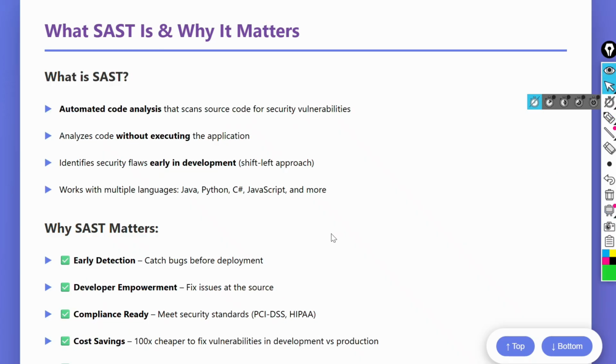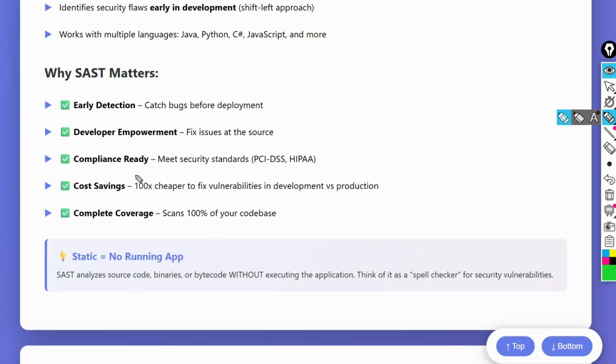Those are some of the pointers, and there are a few more. We can also achieve cost saving. That means fixing bugs in development is up to 100 times cheaper than fixing them in production. And finally, it provides complete coverage by scanning 100% of your code base.